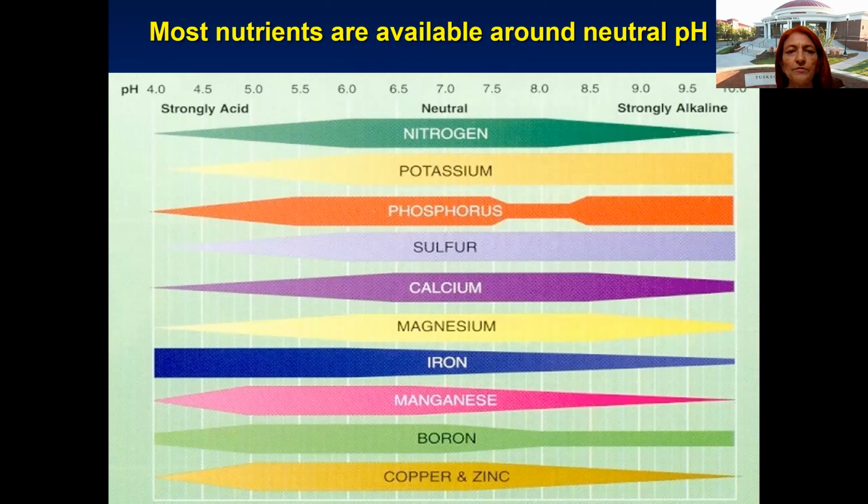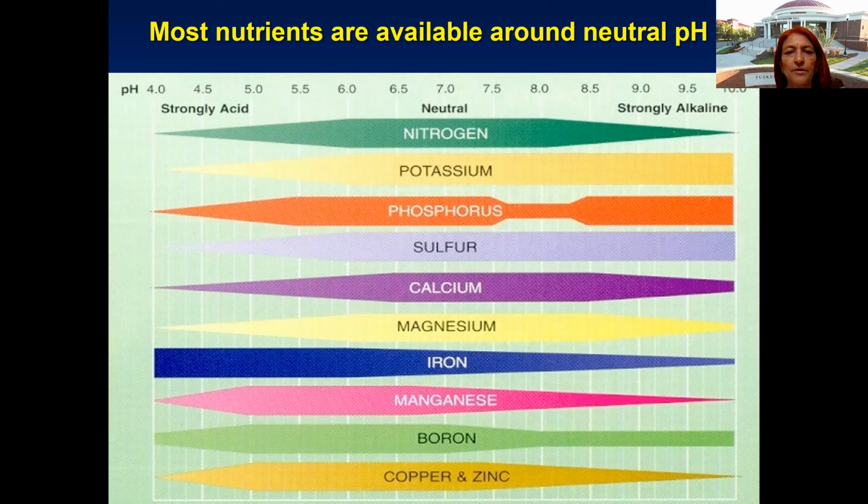The band narrows below pH 6.0 and again above 8.5, or even a little greater than pH 8. So that means pH 6 to about 8 is ideal for nitrogen fertilizer to be available to the plant roots.